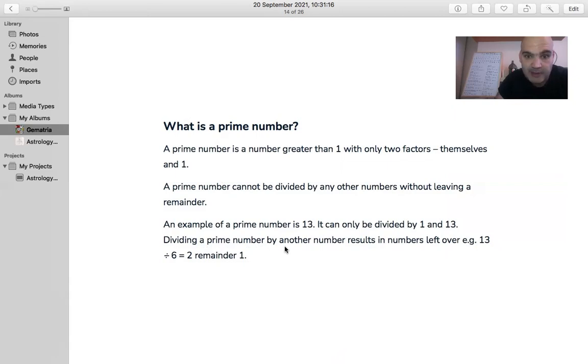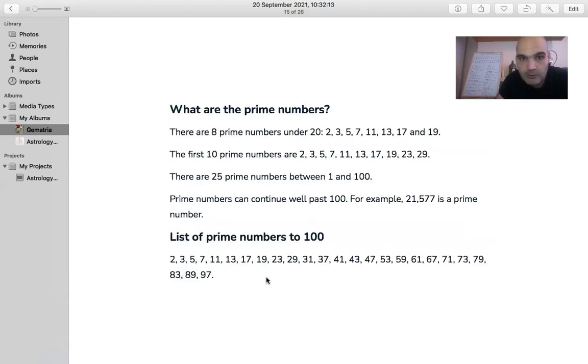Dividing a prime number by another number results in numbers being left over, e.g., 13 divided by 6 equals 2, leaving a remainder of 1. What are the prime numbers? These are the 8 prime numbers under 20: 2, 3, 5, 7, 11, 13, 17, and 19. And the first 10 prime numbers are 2, 3, 5, 7, 11, 13, 17, 19, 23, and 29.